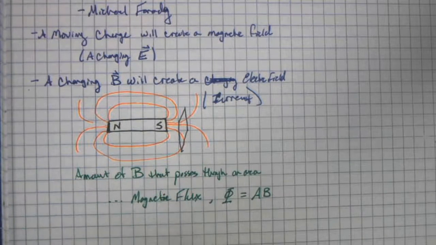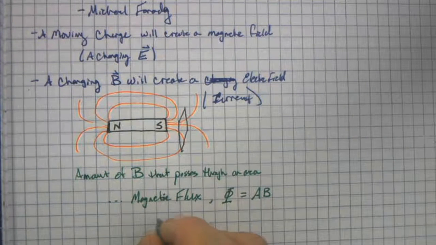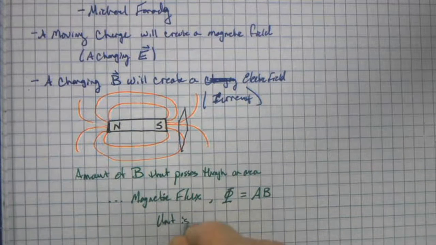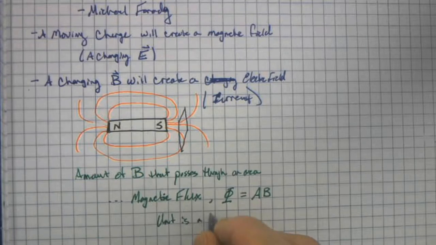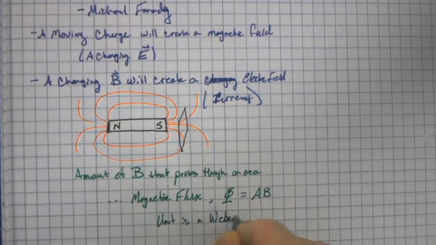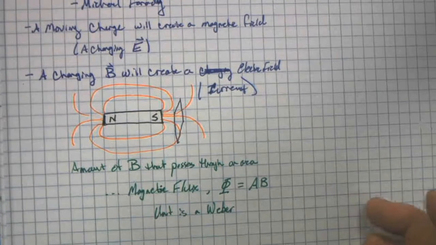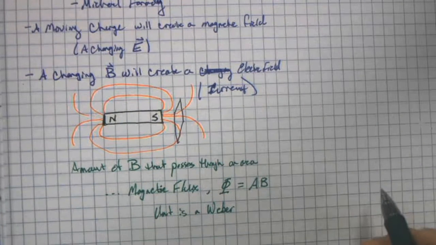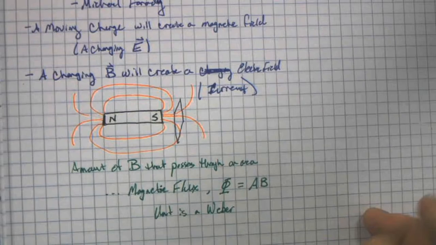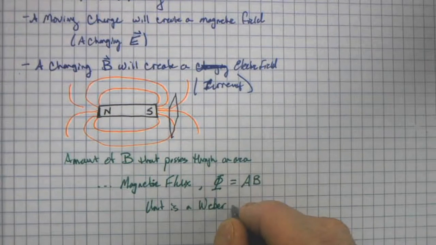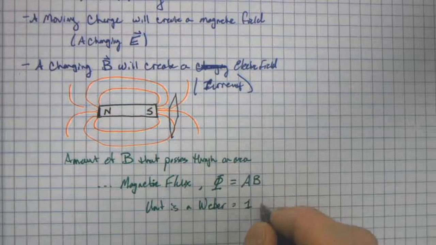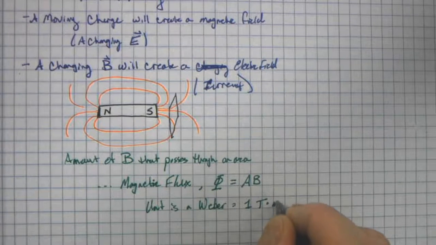And the unit for this is a Weber. It's named after the guy, Weber. And it is 1 Tesla times a meter squared.